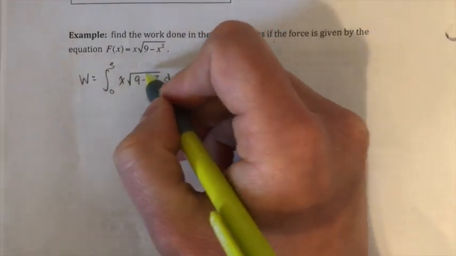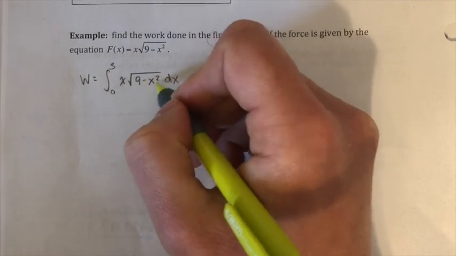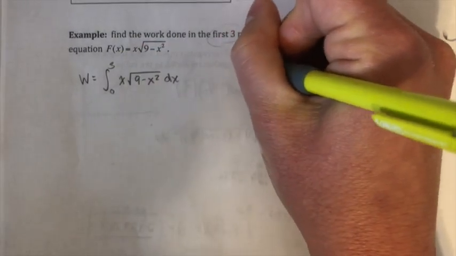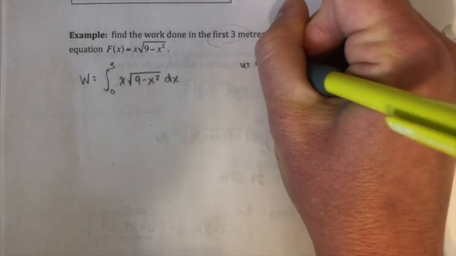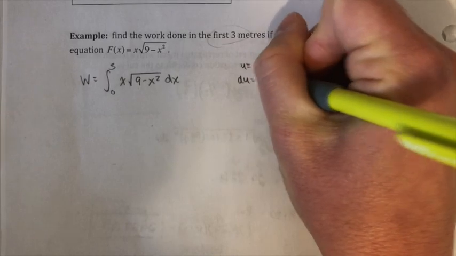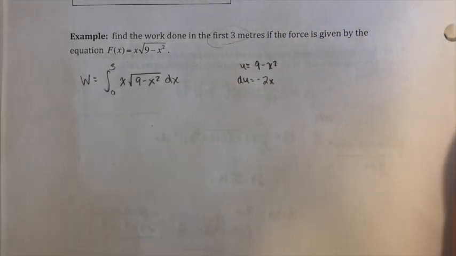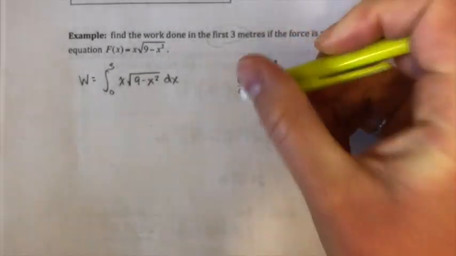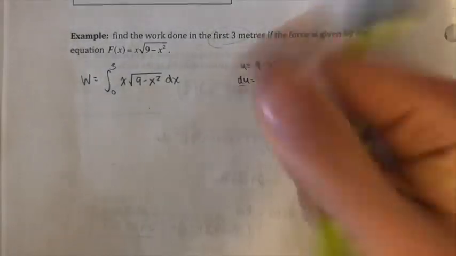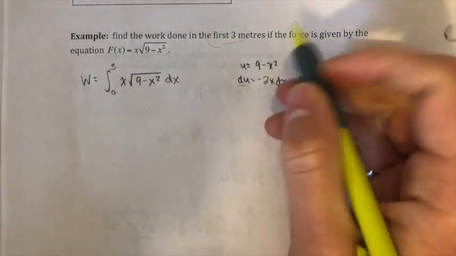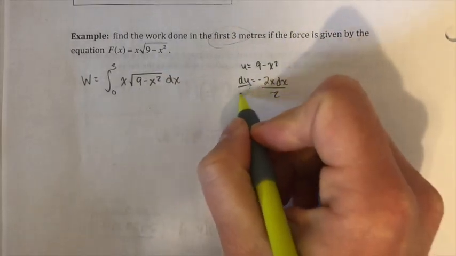This one we've got something under a root, and the derivative of this something is going to have something to do with this. So I'm going to do a substitution. I'm going to say u is equal to 9 minus x squared. Then du is equal to negative 2x dx, right? Because it's normally up there, or down there, we move it over. Okay, so because we don't have a negative 2, we need to divide both sides by negative 2.